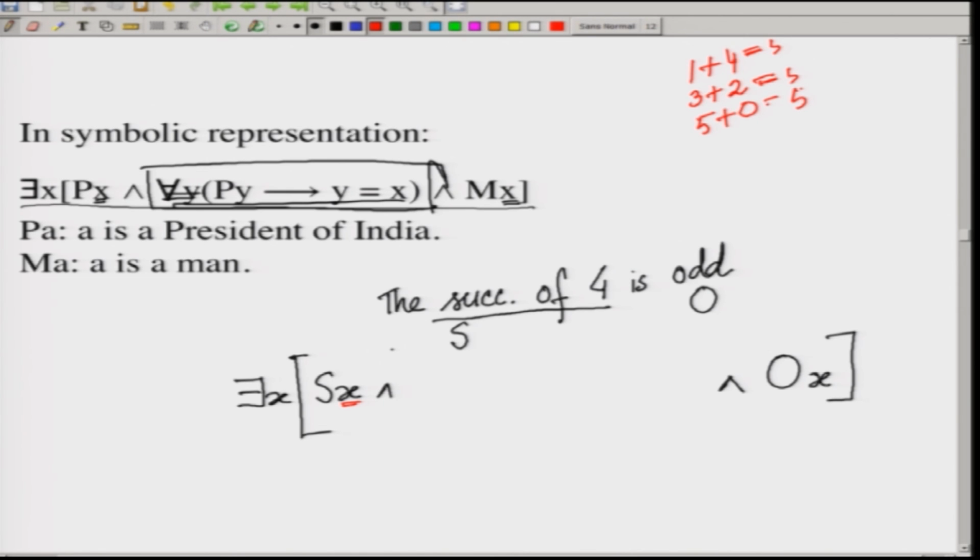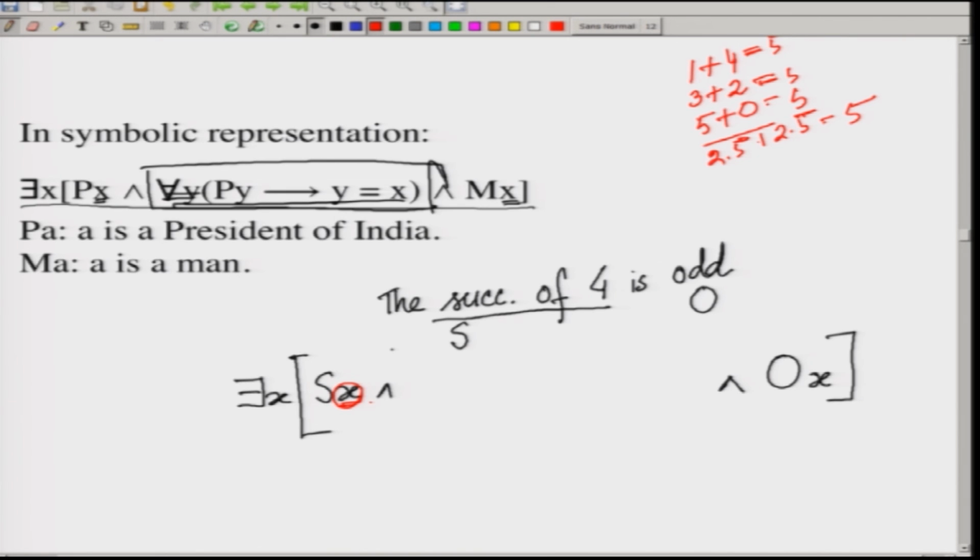So, the point is there exists something x which is successor of 4, and then if anything is a successor of 4, like 4 plus 1 or 3 plus 2 or 5 plus 0 or 2.5 plus 2.5, if anything is a successor of 4, that is identical to that existing thing x.